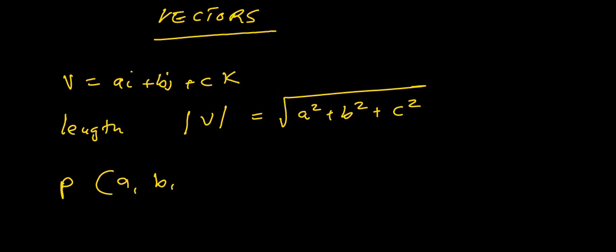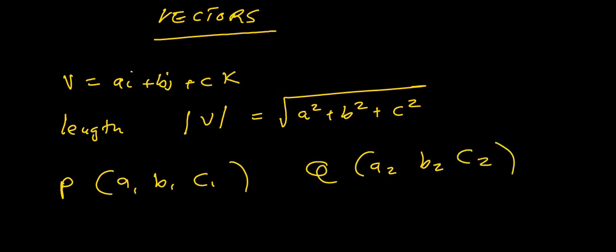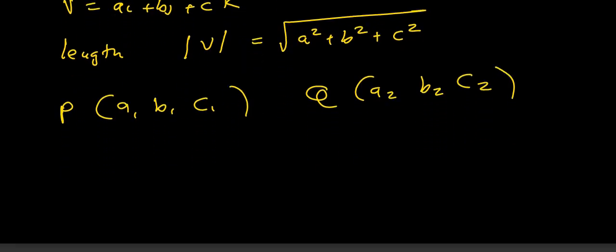In an event where they give you two particular vectors, let's say P, that has A1, B1, C1, and Q, which has A2, B2, and C2. And we want to find the vector PQ, because these are taken to be measured from the origin.